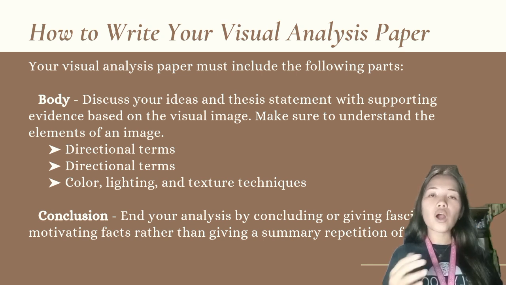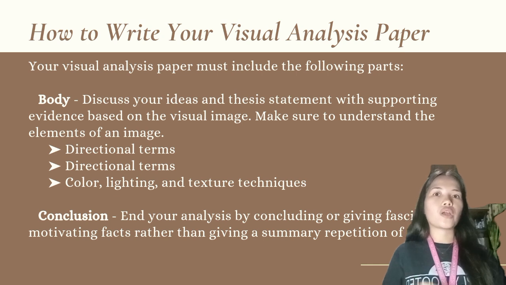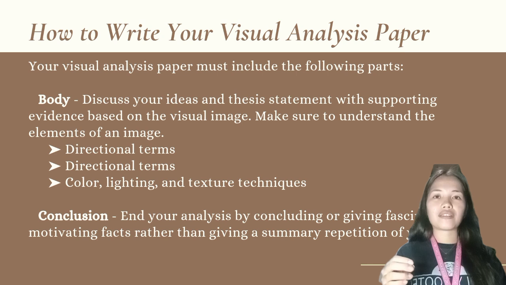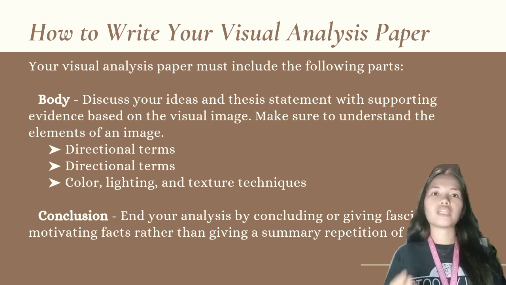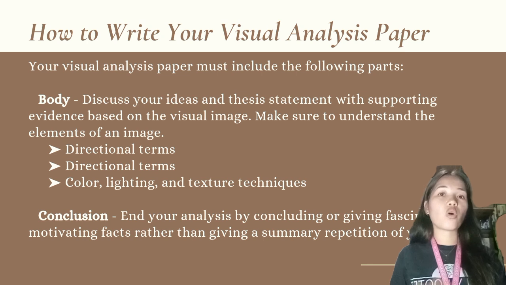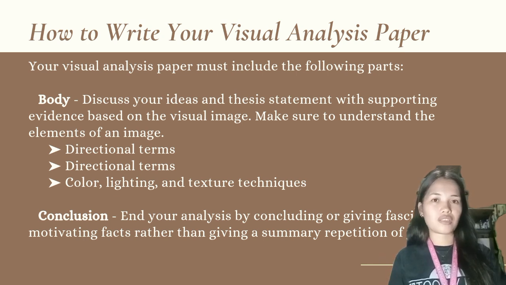One of its elements is the directional terms. This refers to lines, gazes, or compositional elements that lead the viewer's eye through the image. This could include horizontal lines, vertical lines, diagonal lines, implied lines, like a pointing finger or the direction of a subject's gaze. We also have the color, lighting, and texture techniques.